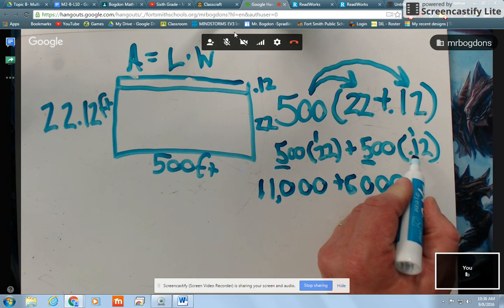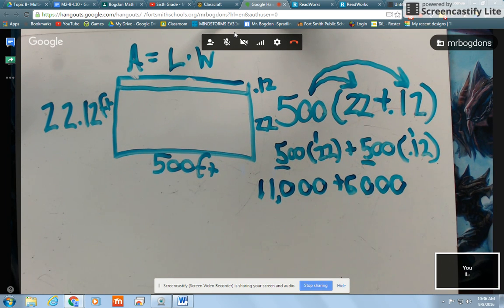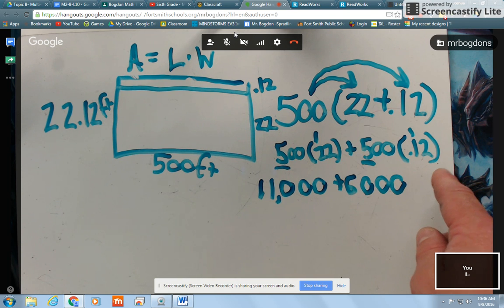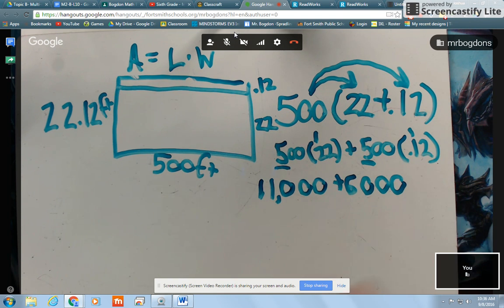Now I see that my decimal is there. I don't like multiplying with decimals. I like multiplying with whole numbers. So how can I pretend as if this was a whole number? I can bounce my decimal out, right? How many times would I have to bounce it out to make it a whole number? How many digits are in 1200s?